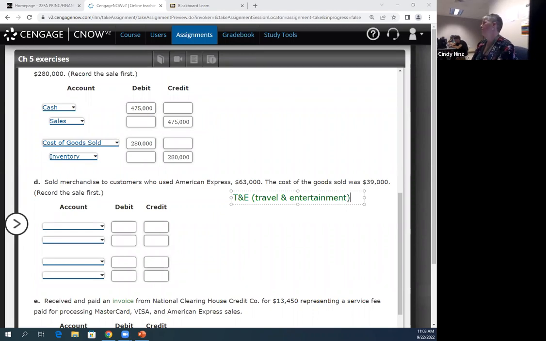Up until maybe 15 to 18 years ago, the American Express card was not a credit card.